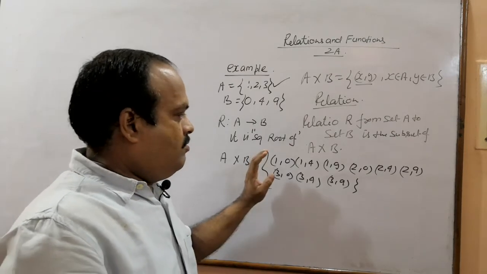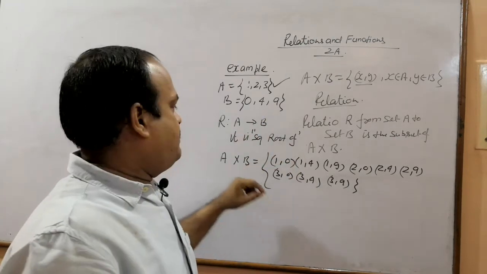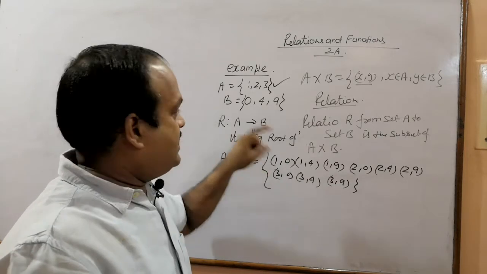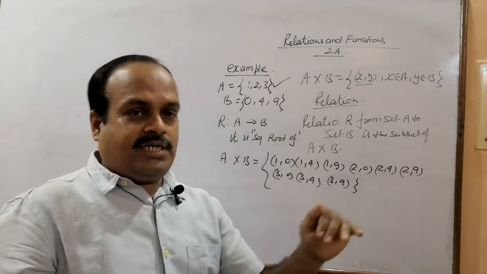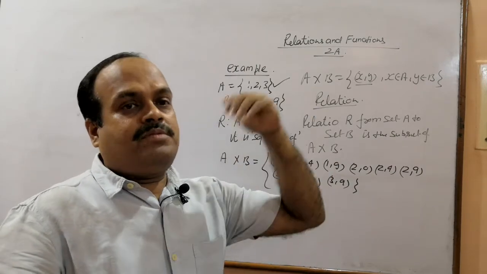So when we define the relation from set A to set B such that it is square root of, it means its first entry should be the square root of the second entry.